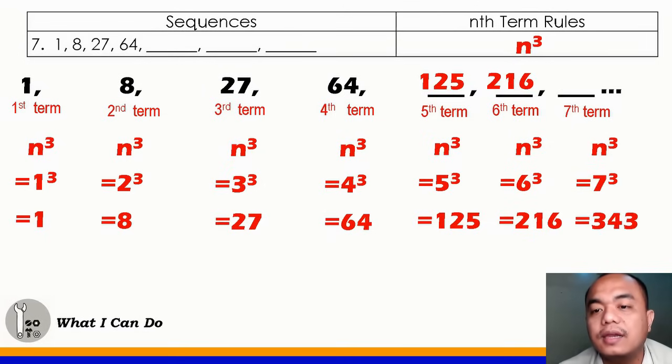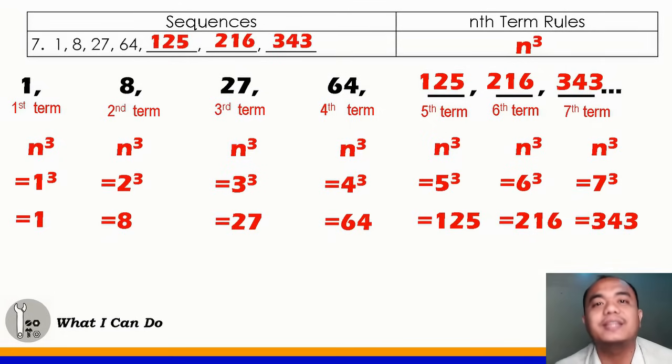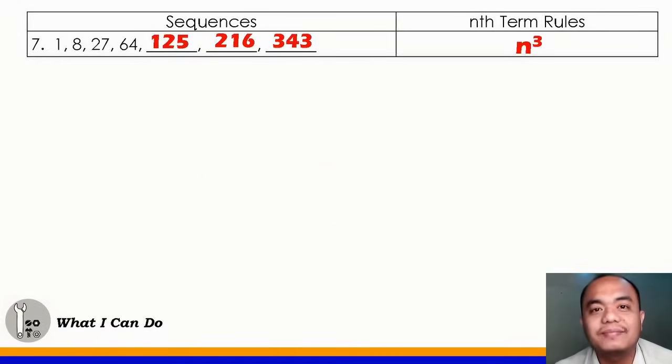And 7 here is 7 times 7 times 7 equals 343. So we have now our next 3 terms. We have 125, 216, and 343. Get it? Good. So this is now the final answer for our item number 7 in what I can do part.